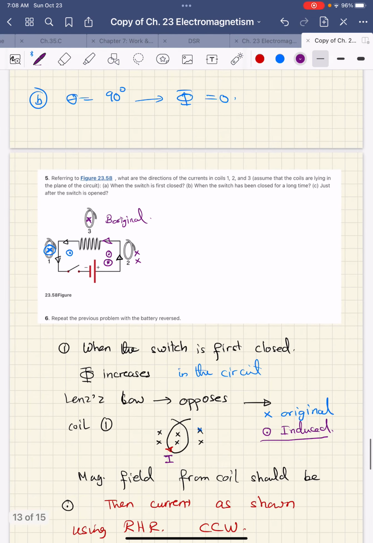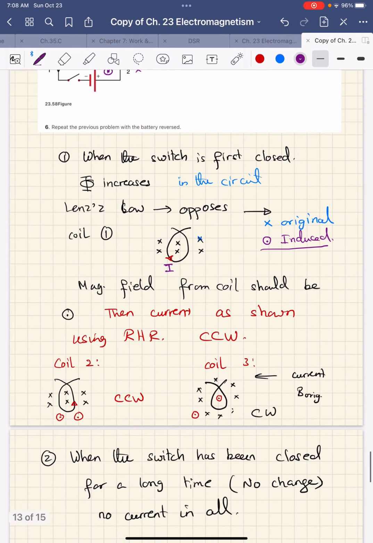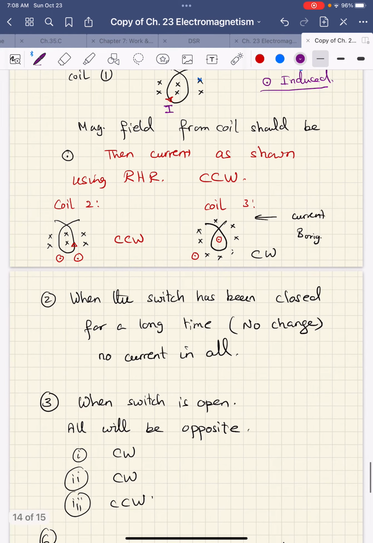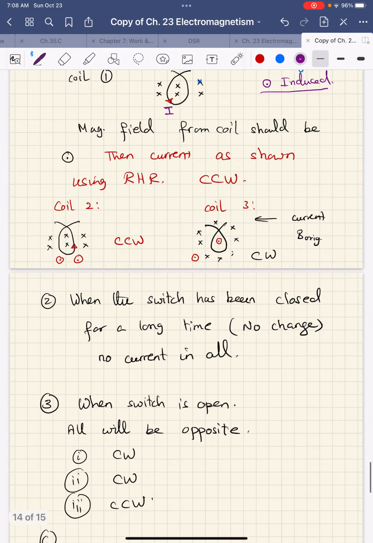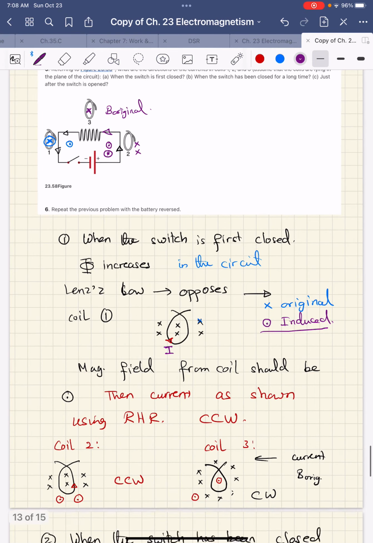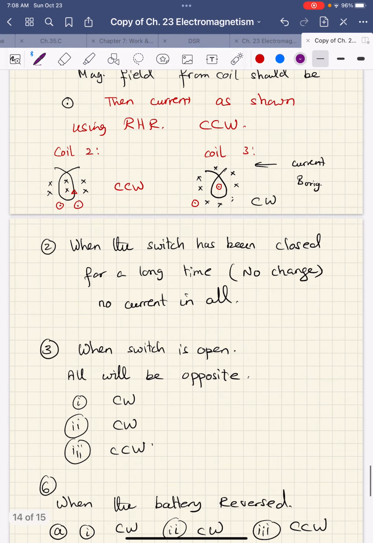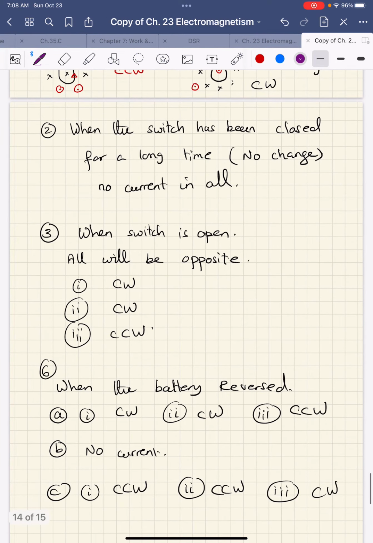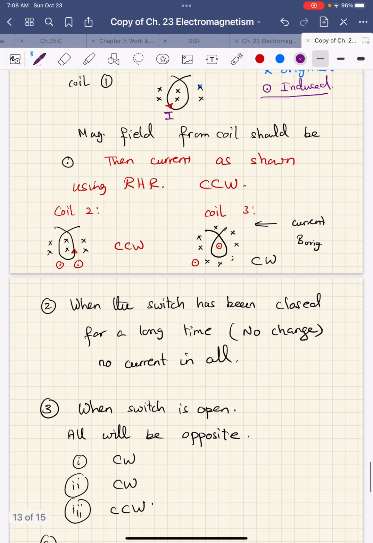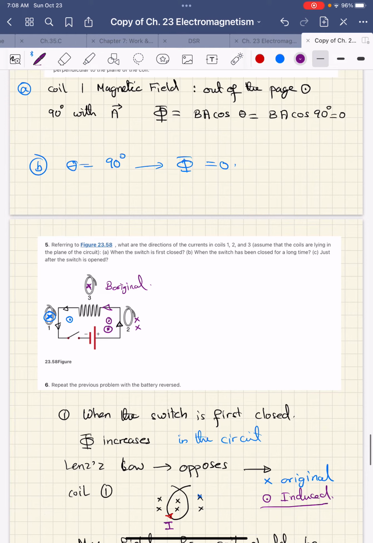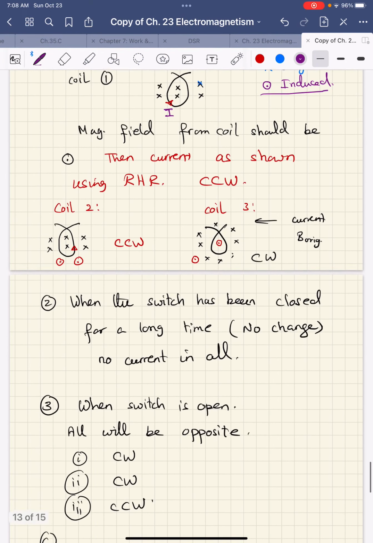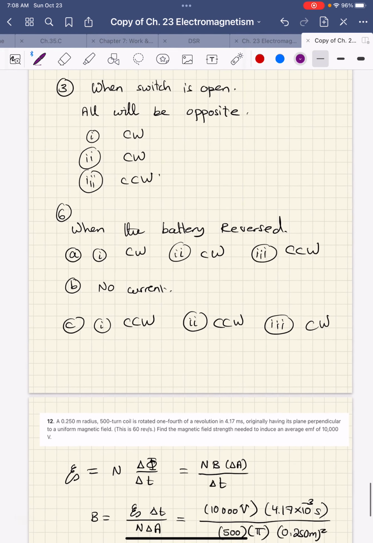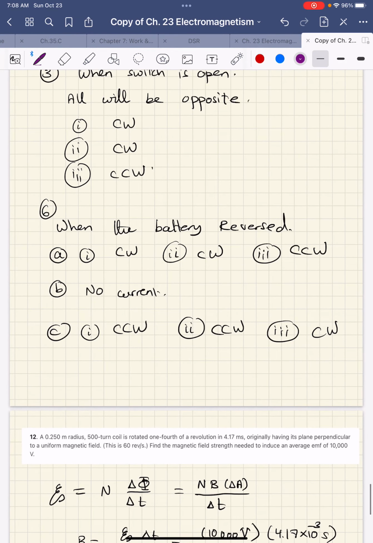Now the second one, when the switch has been closed for a long time, there is no change, and therefore no current. And now when the switch is opened, it should be the opposite: clockwise, clockwise, counterclockwise. What if the battery was reversed?